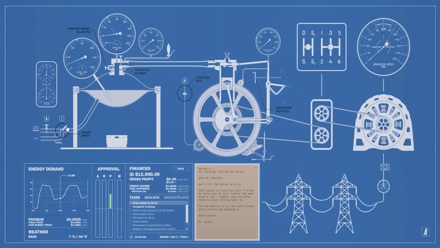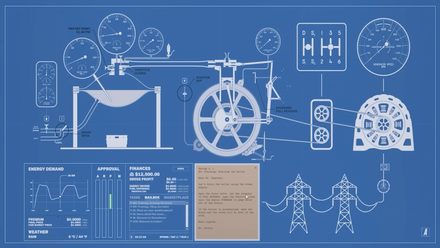So, it's open. And, hang on. Open. Right. Why is it not? Okay. Let's drain the boiler using the steam engine. Open the drain valve. Set the reverser to full reverse.